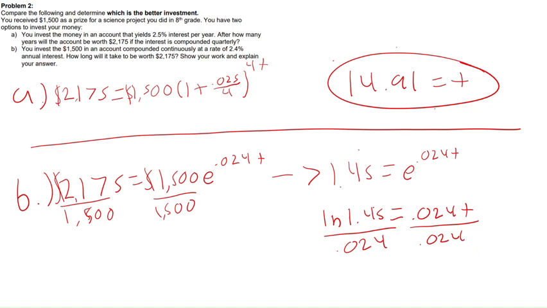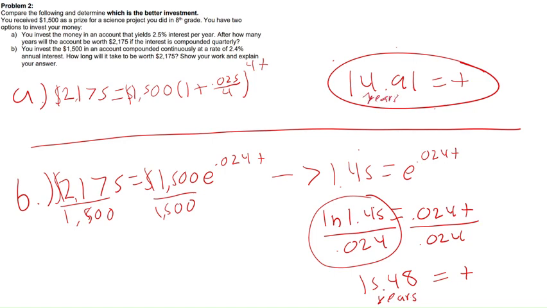Now if we plug this in, because it does equal t, ln 1.45 divided by 0.024 gets you 15.48, I guess years, equals t.